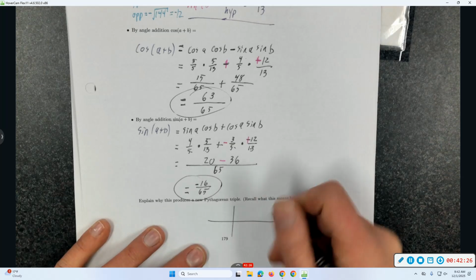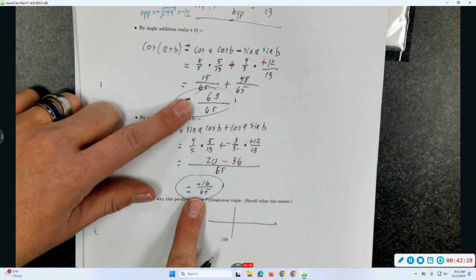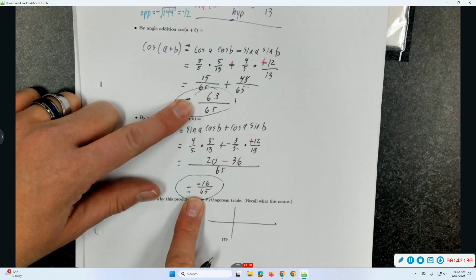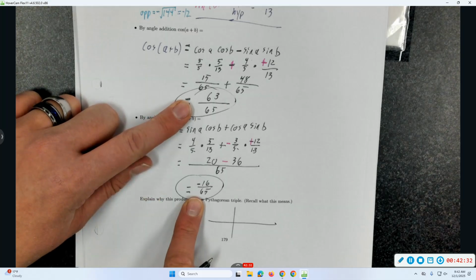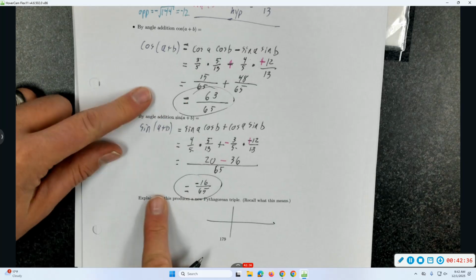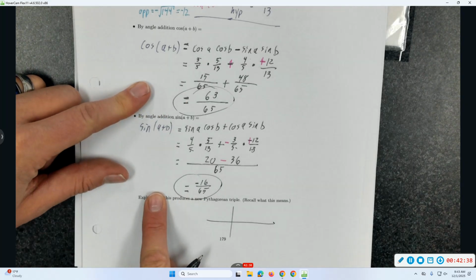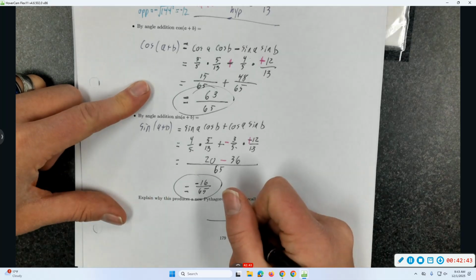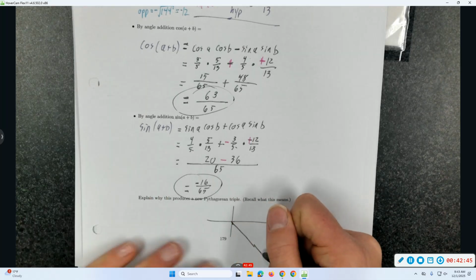All right. So here's one last observation I want to make. Let's take those two facts together. By looking at those two facts, if you want to draw the angle A plus B, what quadrant are you in? Cosine positive, sine negative. What quadrant? Cool. So it's going to be down here in quadrant 4.